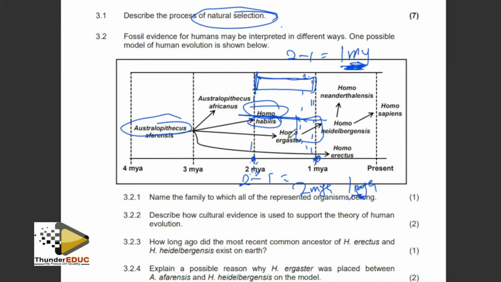Homo ergaster is here, and Australopithecus afarensis is here. Because it didn't get extinct, it is still going. Therefore it is a transitional fossil.